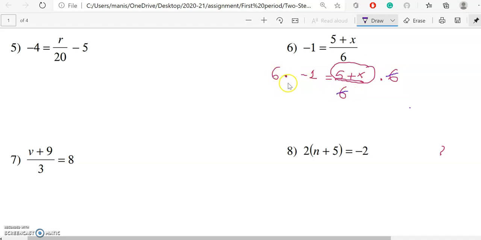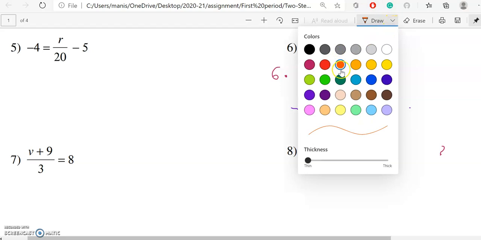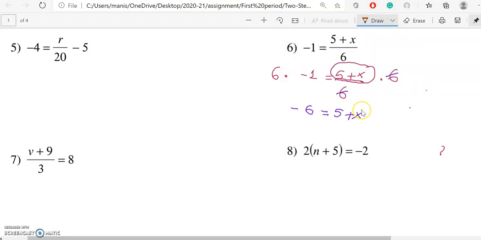But this time, 6 times negative 1 will give you what? Negative 6. Now this side you will be left with 5 plus x. It looks like a one-step equation to me. In a one-step equation, you circle this. So this is a plus 5. You know there's no sign over here, it means a plus sign. So you will subtract 5 from where? Both the sides.